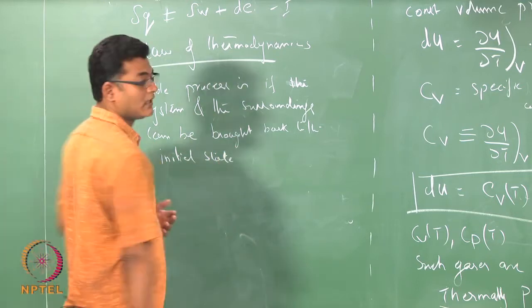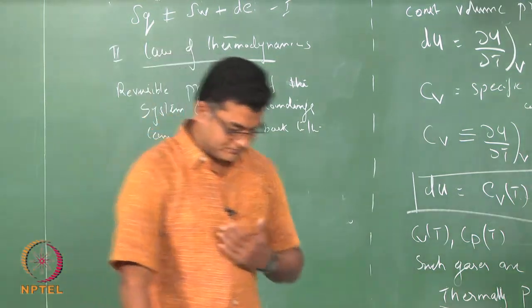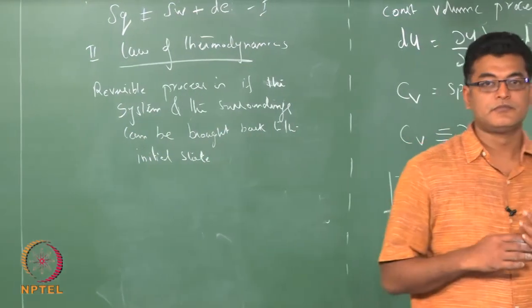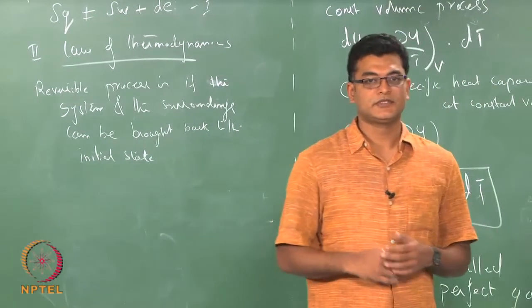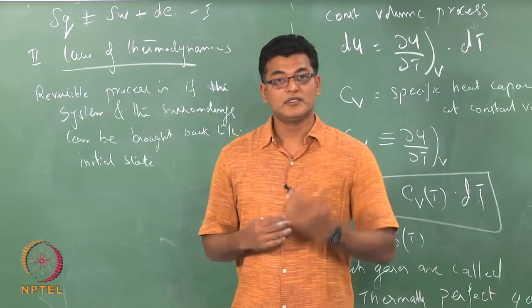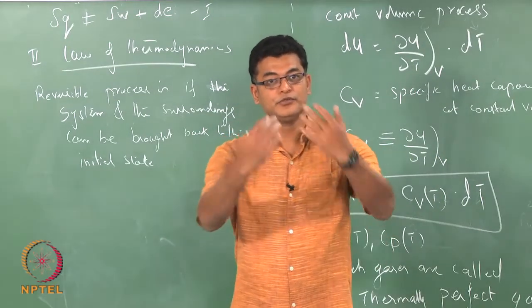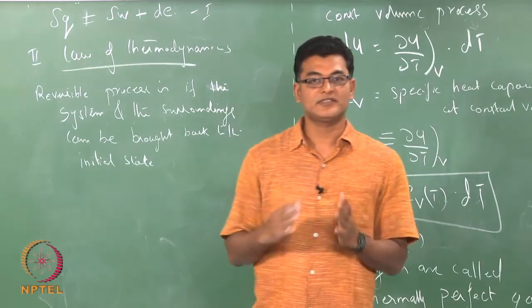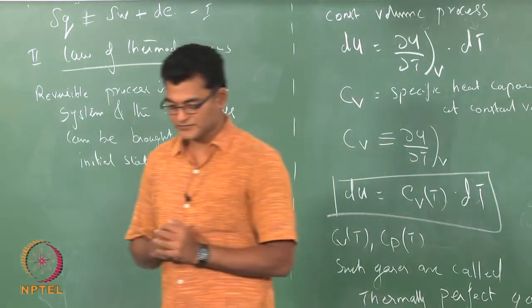Okay. So if you do a process from state 1 to 2, and you can bring back the system and the surroundings from 2 to 1, then that process is a reversible process.